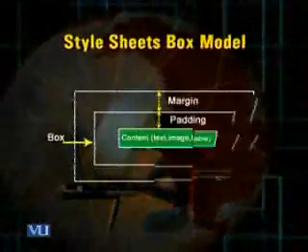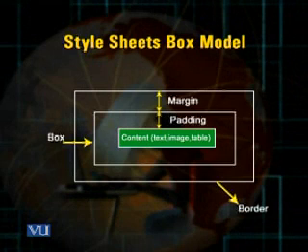Now I want to show you this style box. In the slide, you can see in the green box there is some content, some text, some image, maybe a table, and all this content is enclosed in an invisible box, and you can see the boundary of this box, which is referred to as border. We can make this border viewable by using a property border. Then you can see a term used, padding.